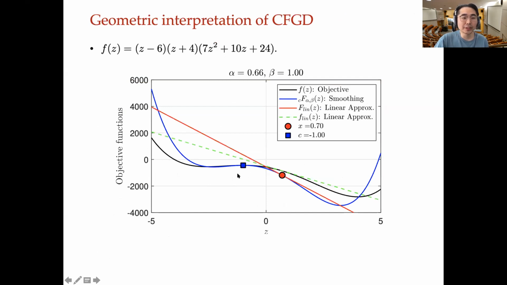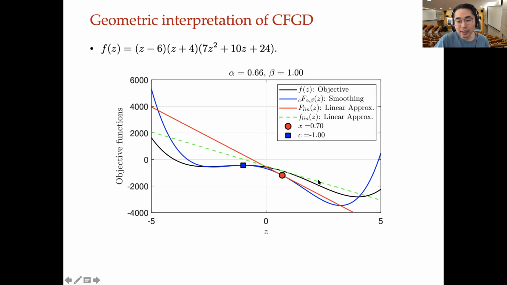This is some illustration of what I have said. Suppose you can imagine this is our target function f, shown as the black solid line here. Here I set alpha equal to 0.66 and beta to 1.0. The blue solid line indicates our smoothing function. If we choose a specific point, let's say x equal to 0.7, then you can think of the linear approximation.